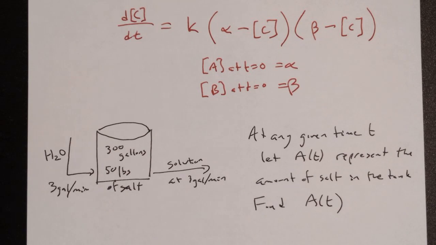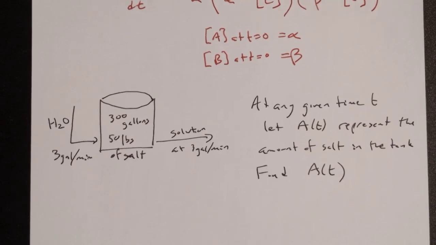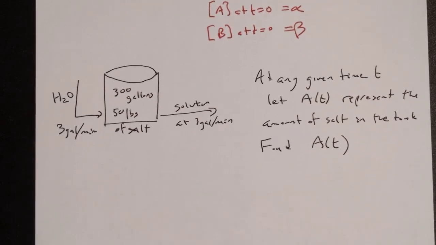Now, I don't know how to solve this problem right now, but I think I can set it up. Let's build a model for what's going on. I'm going to use change. I want a differential equation.